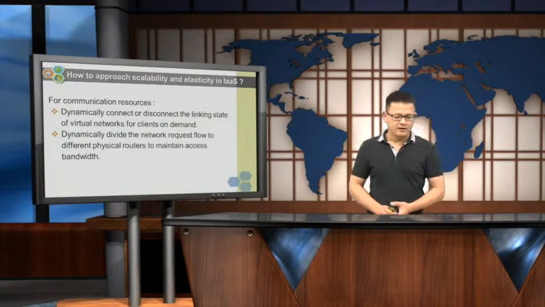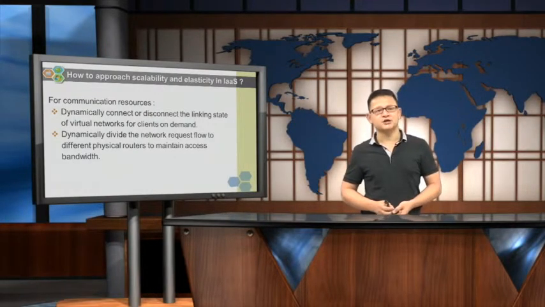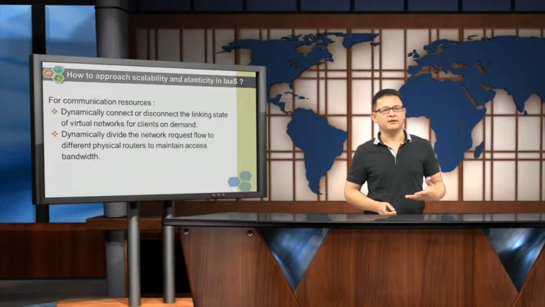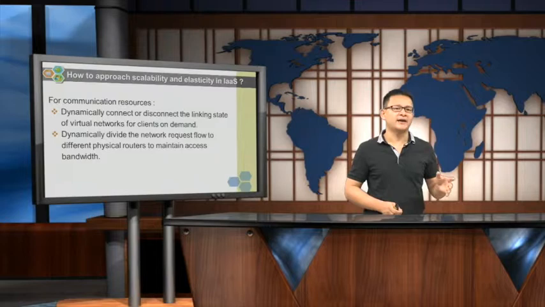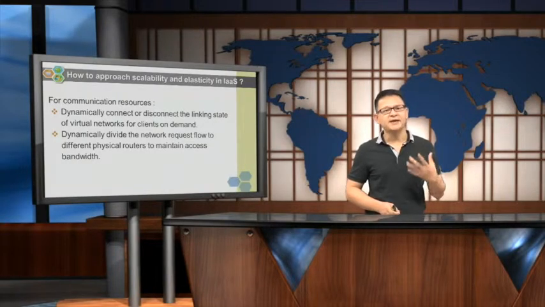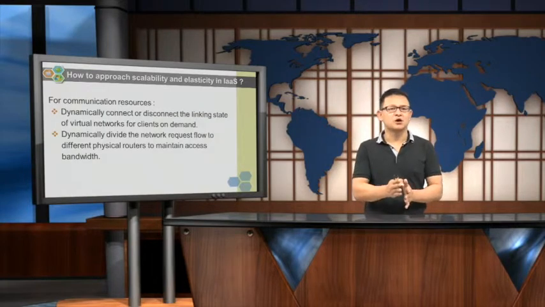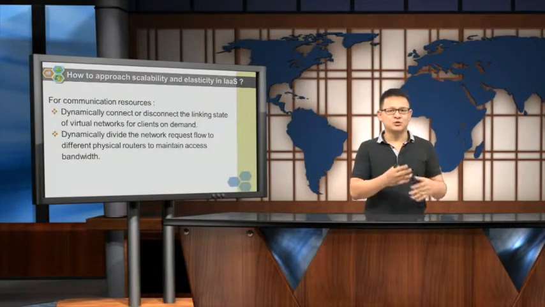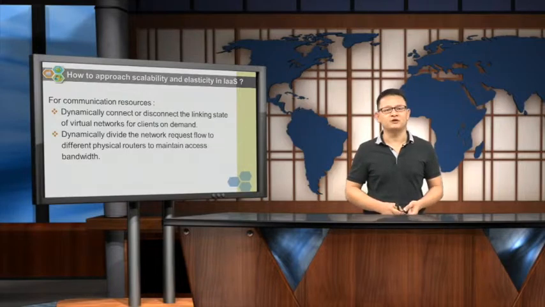And for communication resources, we also can do it dynamically by connecting or disconnecting the linking state of virtual networks for clients on demand. We also can dynamically divide the network request flow among different physical routers to guarantee that the response time and performance are good enough, quick enough for the users.